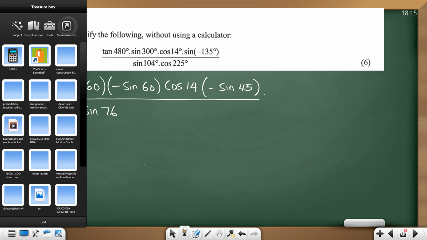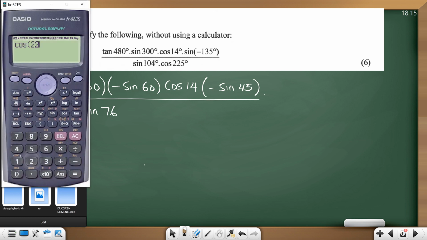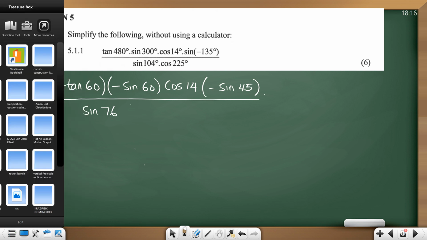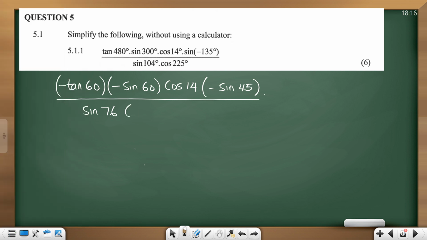Cos what? 225. Remember something about cos. Let's see. I think this one would give us straight. Shift, cos, answer. 135. This is where I'm going. When it gets to cos and it gives you an answer like this, what do you do? Subtract 180. What's your answer? Negative 45. Guys, are you aware that I already have 5 out of 6?